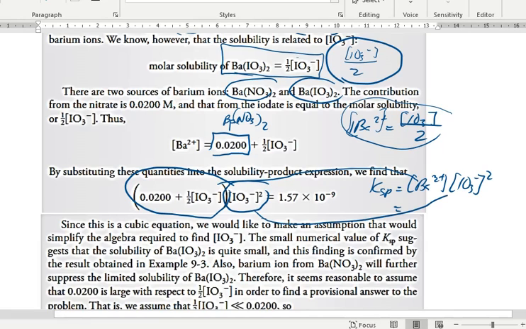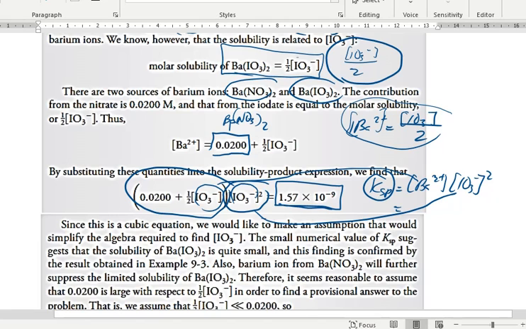And this is equal to the Ksp of barium iodate, which we know from the appendix. So now you have one unknown. You just need to compute for the concentration of IO3.